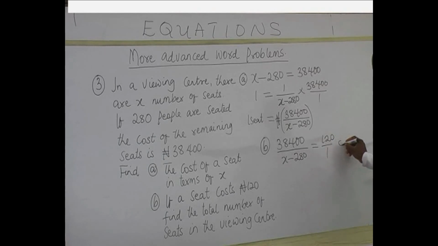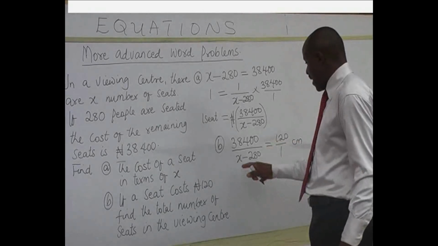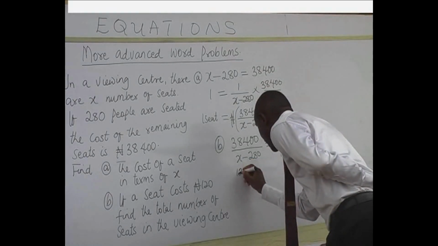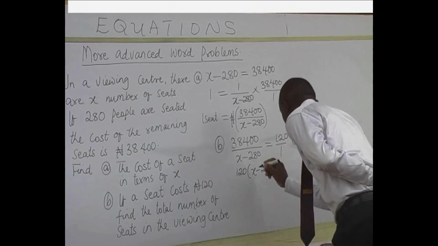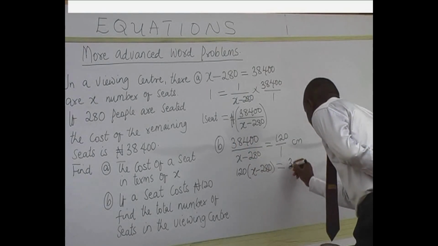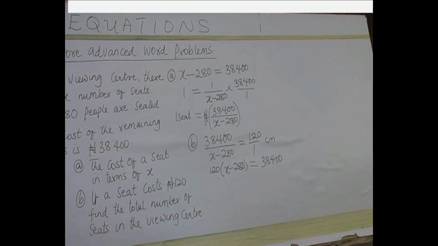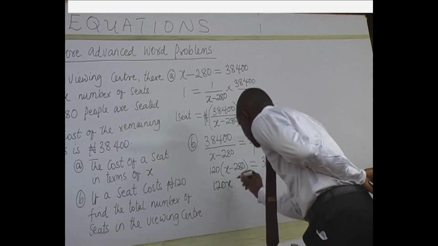Cross multiply. 120 times x minus 280 will give you 120 into x minus 280, is going to be equal to 1 times 38,400, which will give you 38,400. 120 times x will give you 120x.